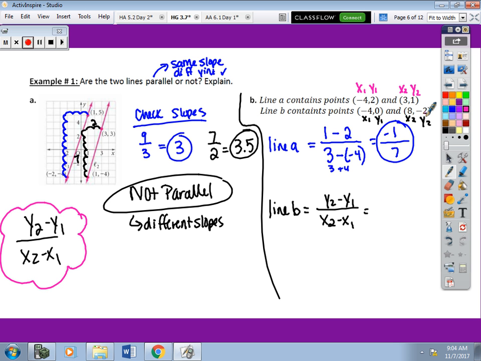So we'll have negative 2 minus 0 over 8 minus a negative 4. So minus a negative becomes plus. So I'll get negative 2 over 12, which if I were to reduce that would get me negative 1/6. Slopes are not the same, not parallel.